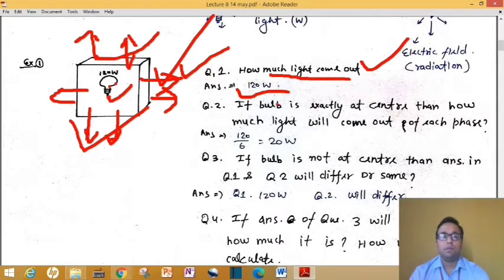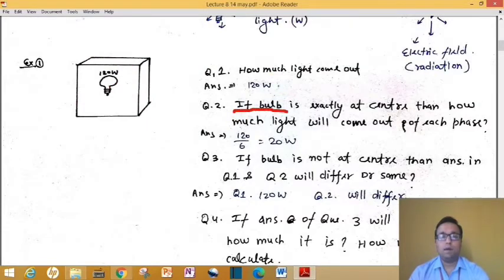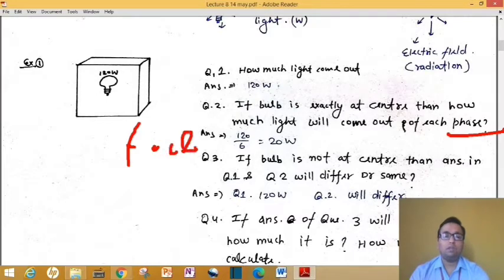Okay, simple. Next, if I ask you, if the bulb is exactly at the center of this cube, then how much light will come out of each face? Face means F-A-C-E. So we have 6 faces, like 1, 2, 3, 4, you can understand it, and each face has equal area.